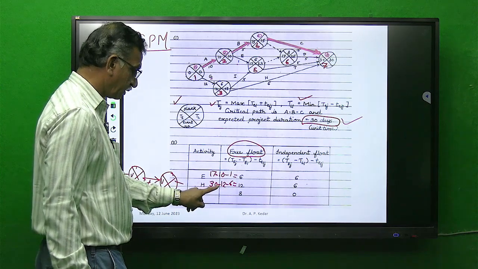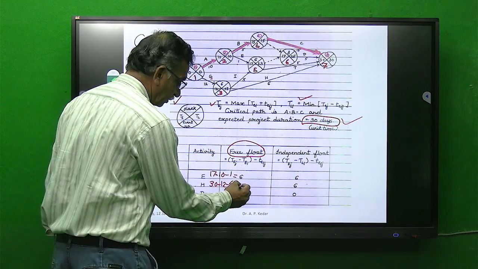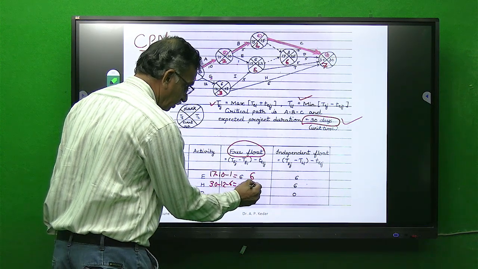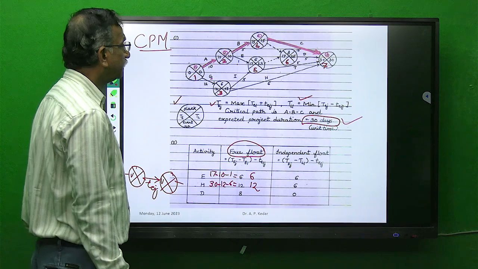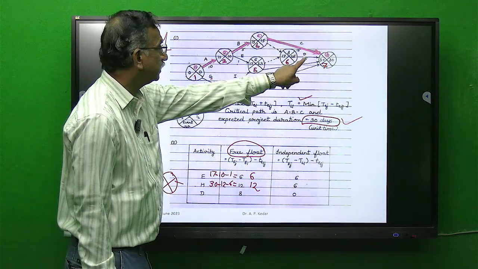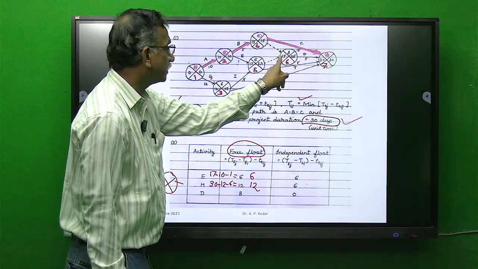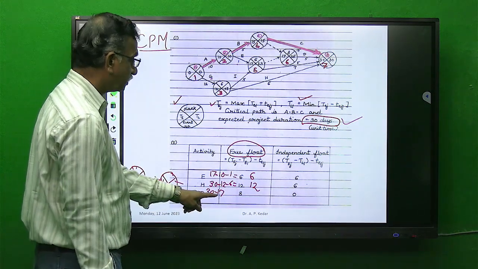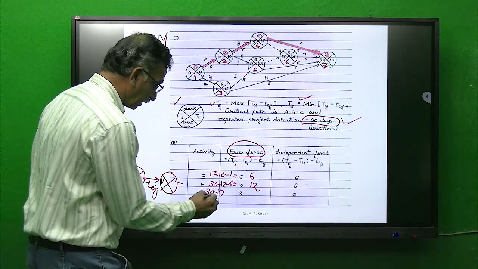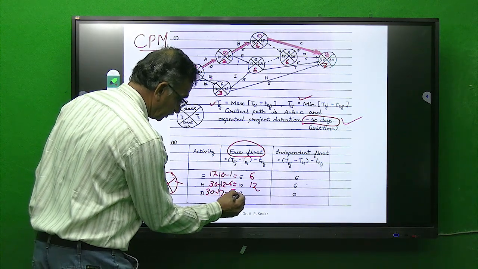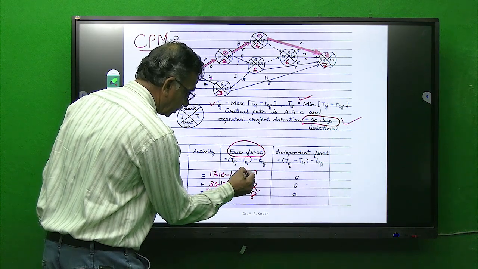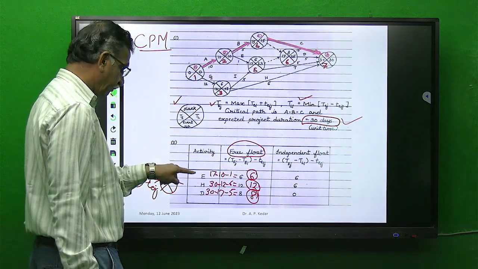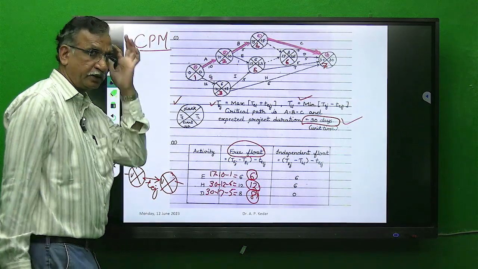So 30 minus 12 is 18, 18 minus 6 is 12. So the first value we got is 6, the second is 12. And for activity D, the difference of 30 and 17 is 13, minus activity time 5, 13 minus 5 is 8. So we get these final values for activities asked: E, H and D.